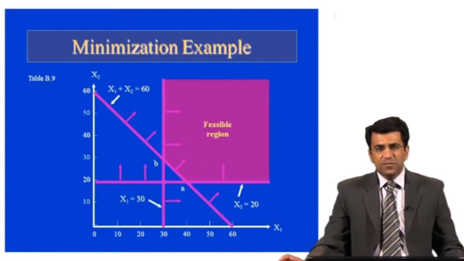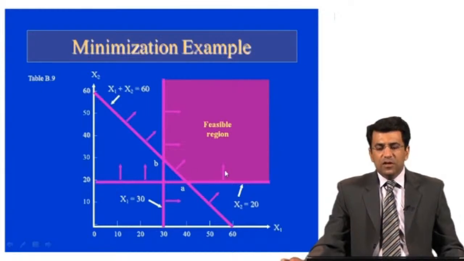That is almost similar to what we used for the profit maximization problem, but in this case we are interested in the area which is on the outer side of the particular lines. So the feasible and the outermost corner points are point A and point B.